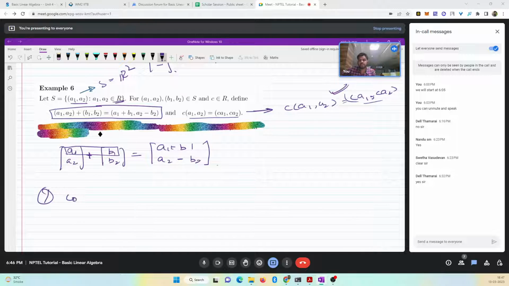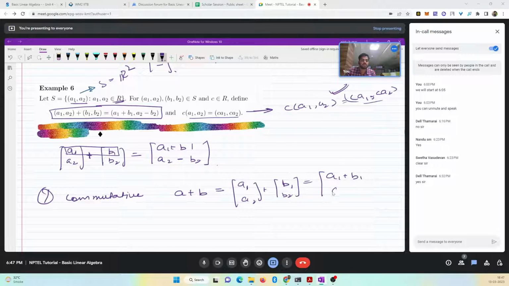Now what was our first property? The first property was commutativity. If you take A plus B, this is equal to A1 A2 plus B1 B2, which we already have as A1 plus B1, A2 minus B2. Now if you take B plus A, what would you obtain?